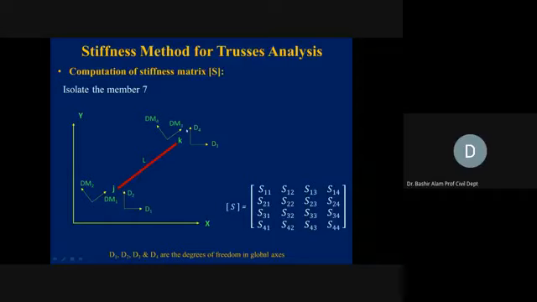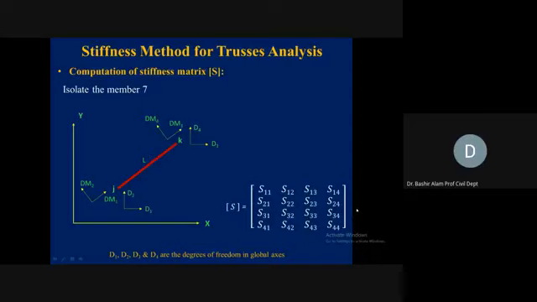Then we put DM3 equal to 1, and the rest we lock. That way we generate S13, S23, S33, S43, which are here, the third column. Similarly, when we keep DM4 equal to 1, we can generate the 4th column of the stiffness coefficient matrix.